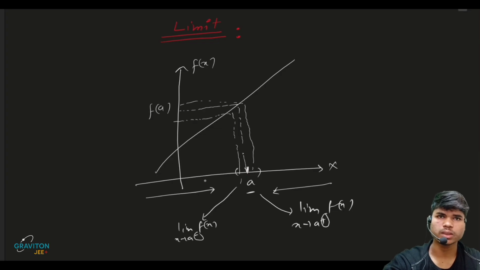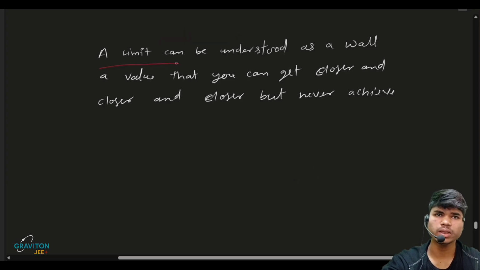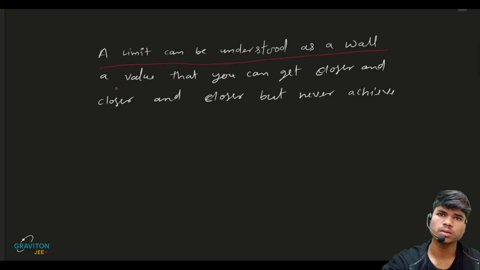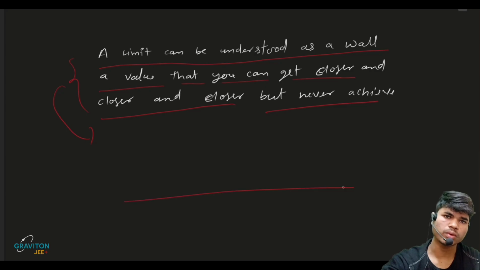Let us try to understand by taking a real life example. Limit can be understood as a wall, a value that you can get closer and closer and closer to but never achieve. What is the meaning of these lines? Suppose we have a wall.